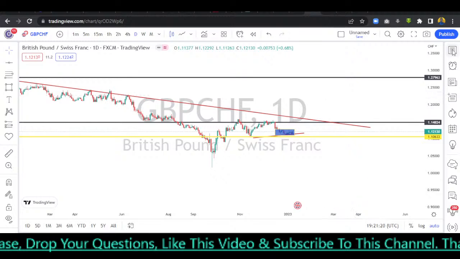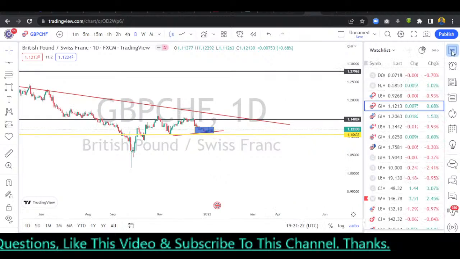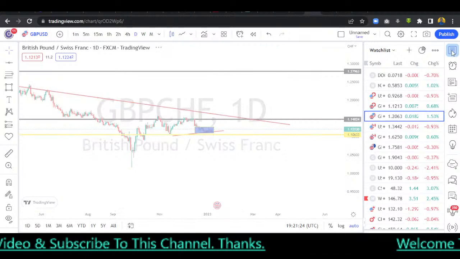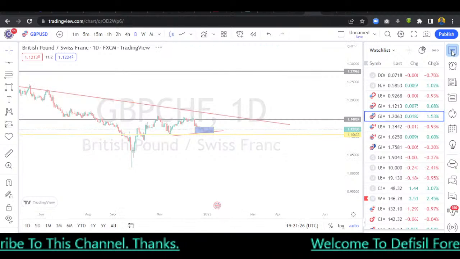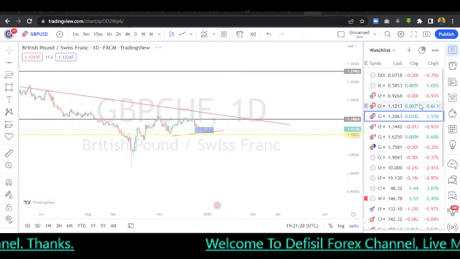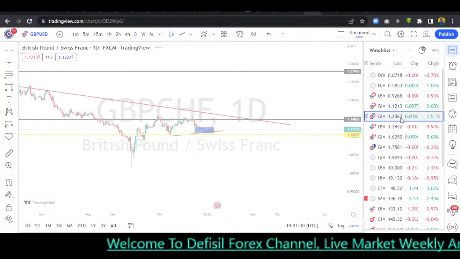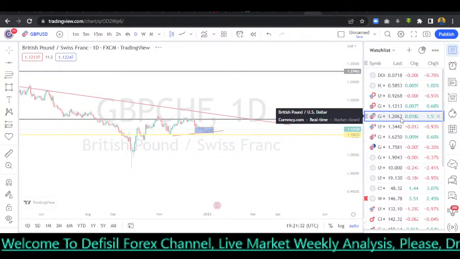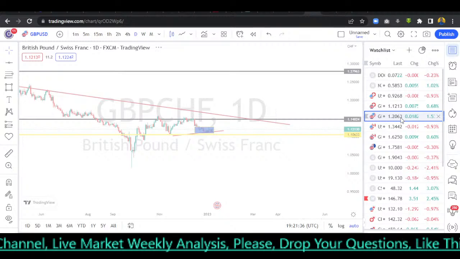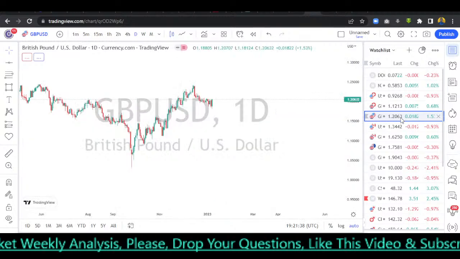So let's move to the next chart. Okay, this is GBP USD. Let's load that and see what it brings.